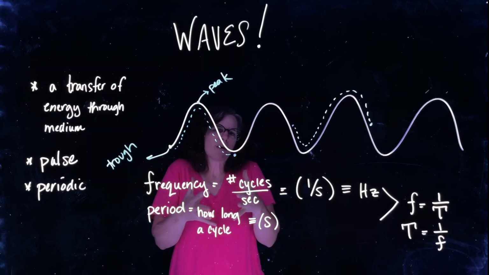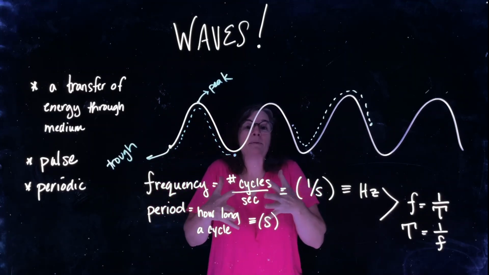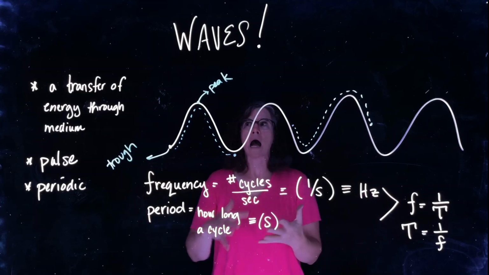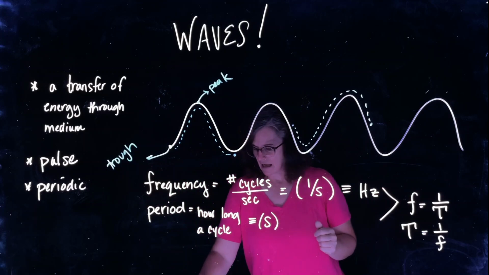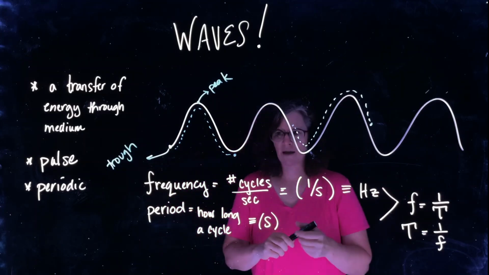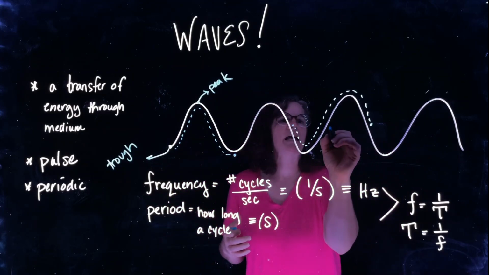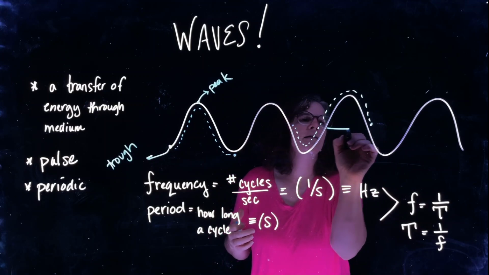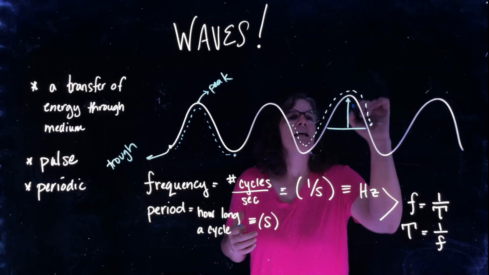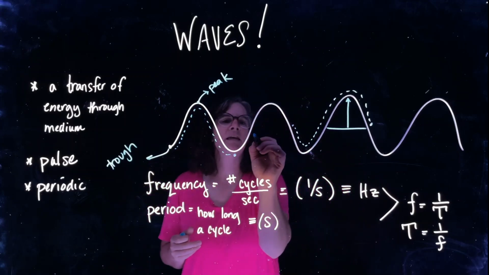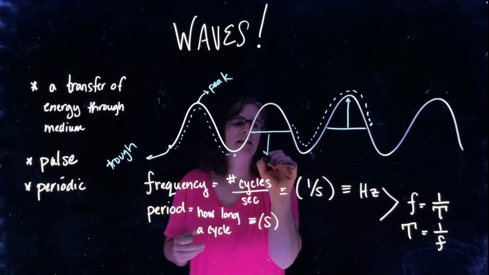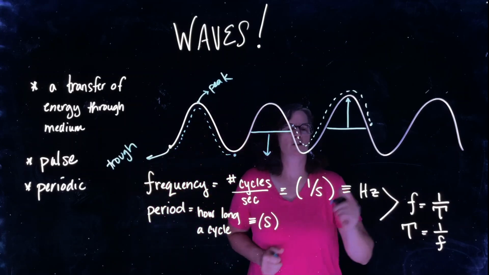But we also might be interested in some of the dimensions of the wave. How tall is the wave? How long is the wave? So those are different. How tall a wave is is measured from the center of the wave to the peak, or from the center of the wave to the trough.